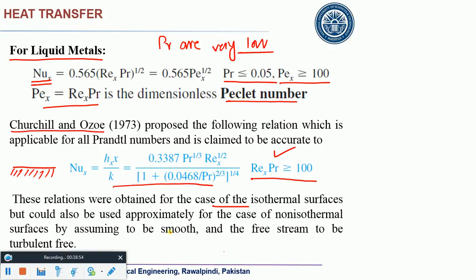You need to consider smooth flat plates, with no frictional component from a surface roughness parameter, and the free stream to be turbulence free. Now what does that mean? You should not consider the gusty kind of flow, where you have velocity fluctuations in the oncoming flow.